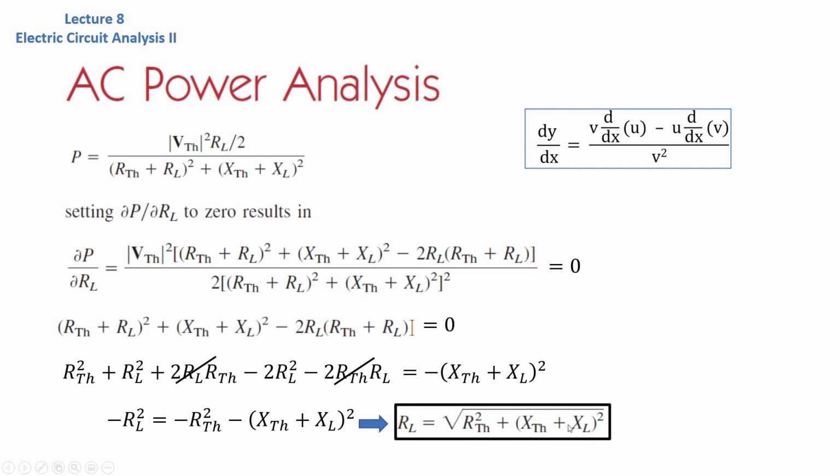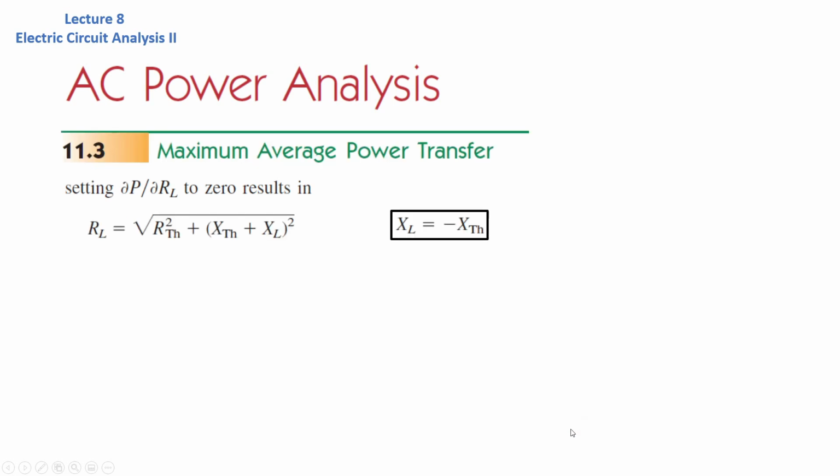So we already know what XL should be for maximum power transfer. Let us put that value of XL in this expression, and we will see that eventually we find that the load resistance should be equal to the Thevenin equivalent resistance of the AC circuit.